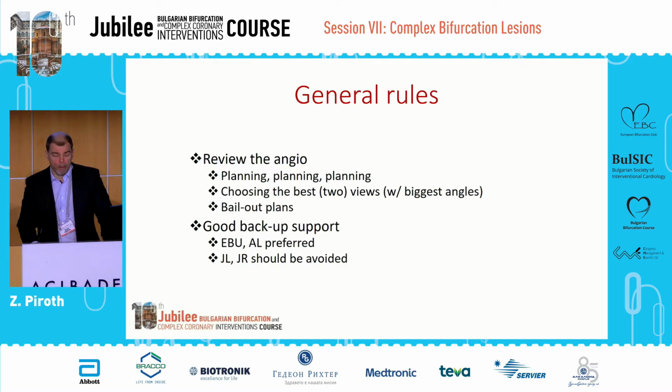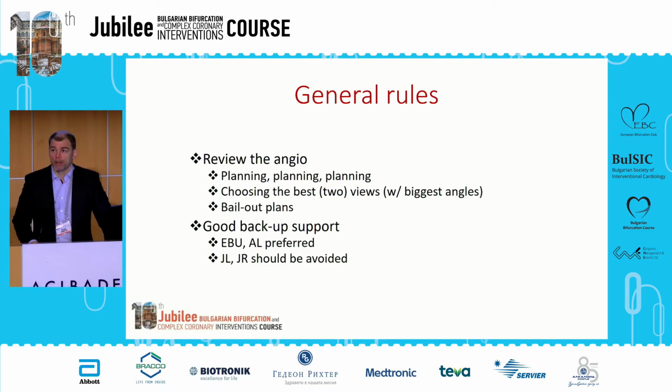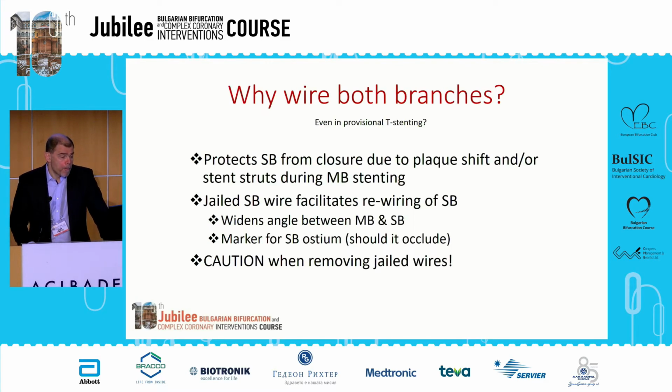If the complexity of the bifurcation is not that high, as for example the case of George requiring 8 French guiding catheters, of course a transradial approach, especially in a man of large stature, is absolutely acceptable. So you can use 7 French guiding catheters, or sheathless guides can be used.